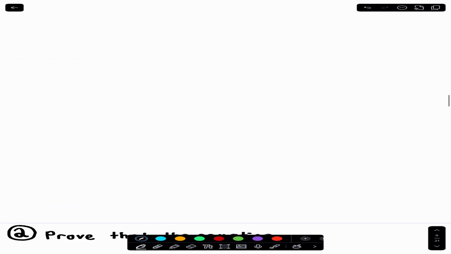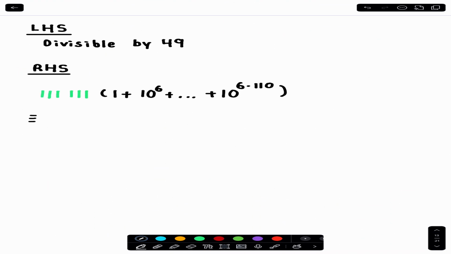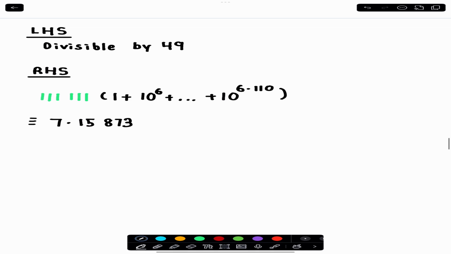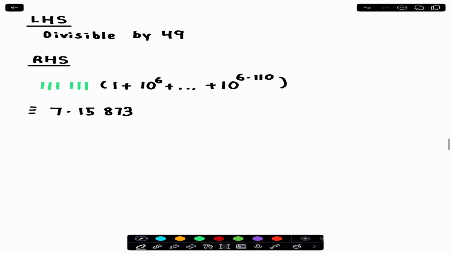That way you don't get confused when I write this down. 111,111 is the same as 7 times 15,873. You can go back to the chart and verify with a calculator. You're allowed a calculator.